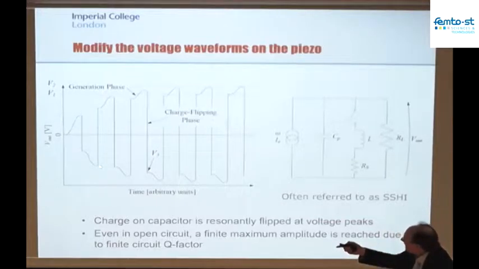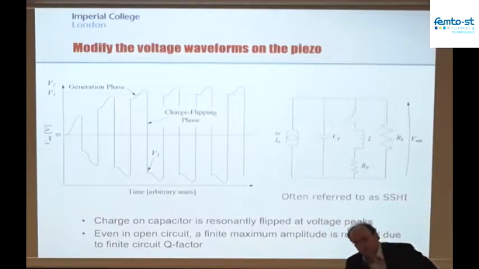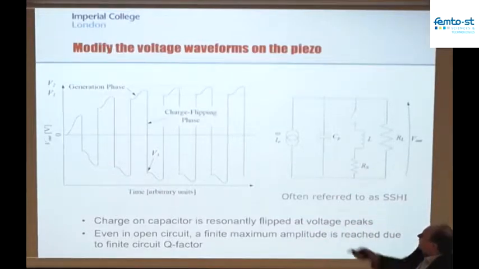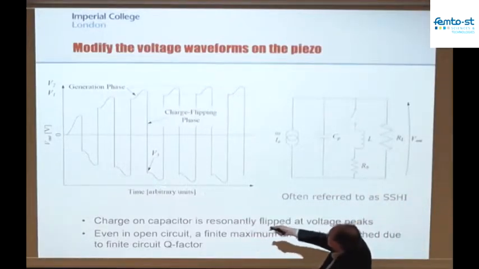I get to this point here, the piezo's at the bottom again, and I flip the charge again, so the charge becomes all the way positive again. Then the piezo moves up again and adds to that positive voltage.